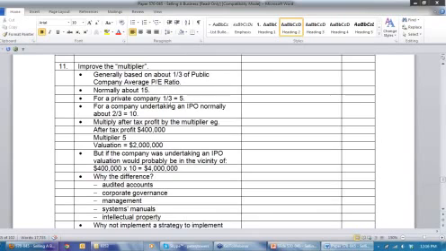By valuing the business at the normal multiplier, a business with an after-tax profit of $400,000 would normally be worth around $2 million.